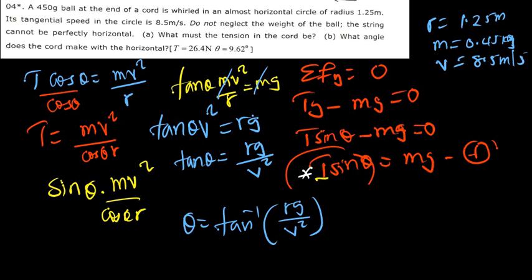Now we square it, we close the brackets. So you can confirm, those having calculators, we are trying to find theta, and according to what I've punched here, I'm getting 9.6229 degrees, which is the answer which they have given us here.